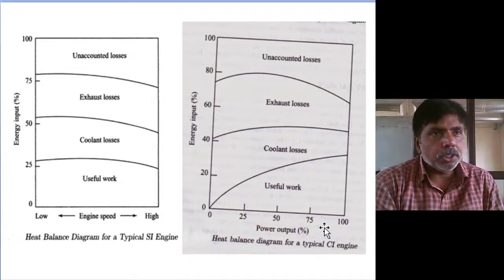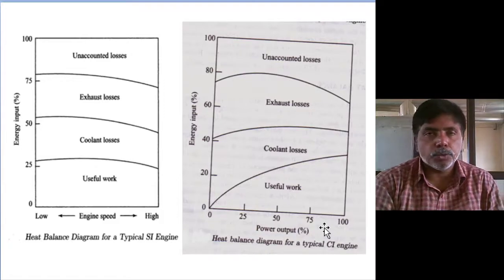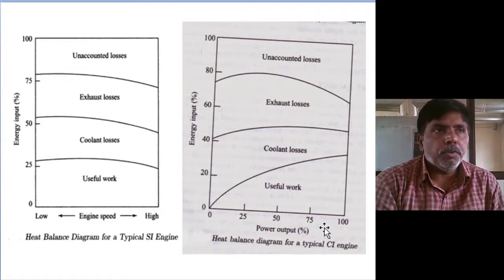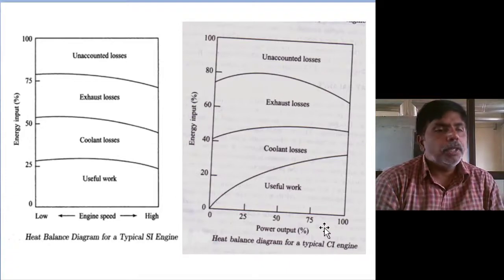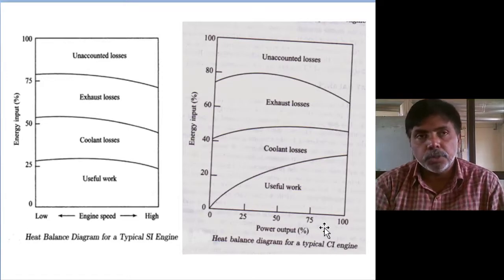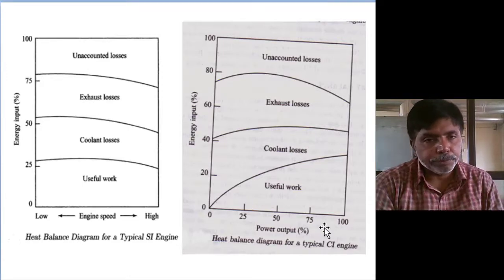Commercially used generators are all CI engines only. So giving by speed means there is no use. So for CI engines we give the heat balance sheet by power output. For SI engines by speed, why? Because SI engines we use 100% for automobile application only.